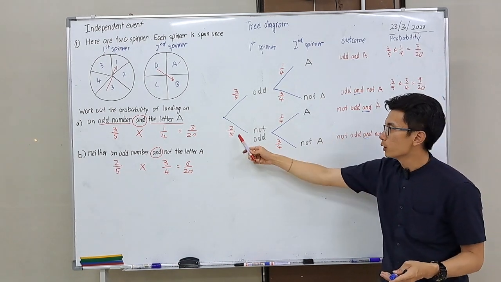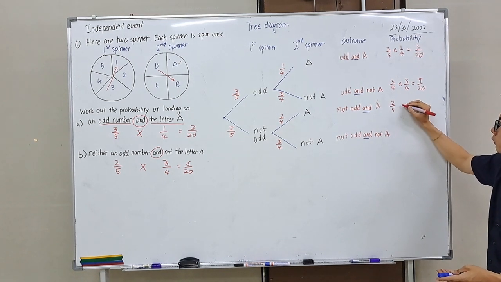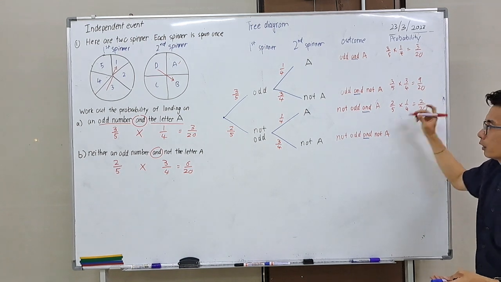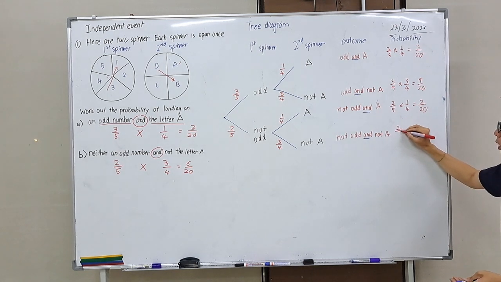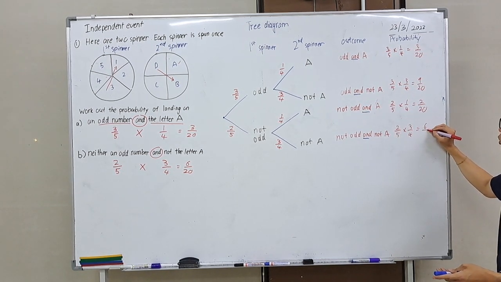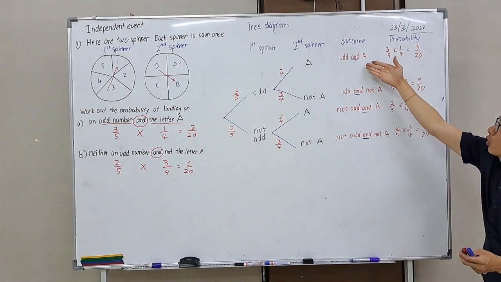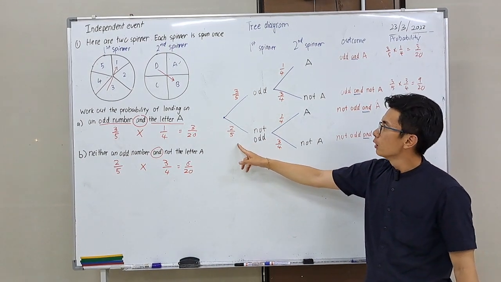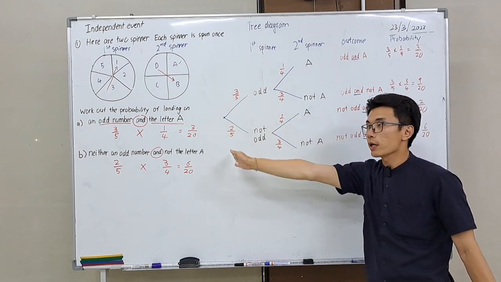The third one will be 2 over 5 multiplied with 1 over 4. That will be 2 over 20. And the last one, 2 over 5 multiplied with 3 over 4, and that will be 6 over 20. So again, these are all my chances of getting all these outcomes. Now remember, when we look at this, do you notice that the events are mutually exclusive?